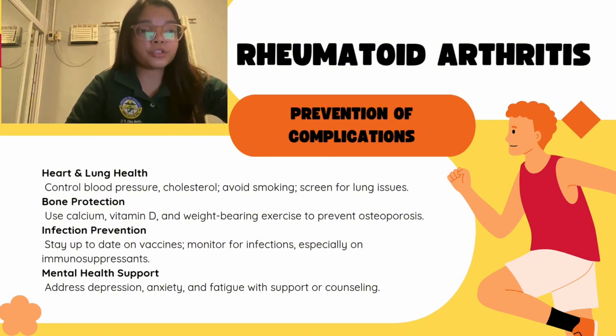For bone protection, use calcium, vitamin D, and weight-bearing exercise to prevent osteoporosis. For infection prevention, stay up to date on vaccines, monitor for infection, especially in immunosuppressed patients. Mental health support: address depression, anxiety, and fatigue with support or counseling.